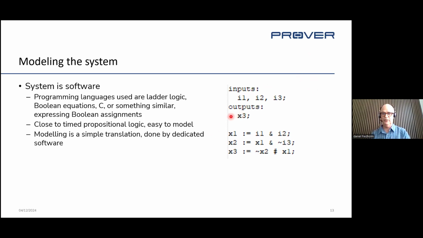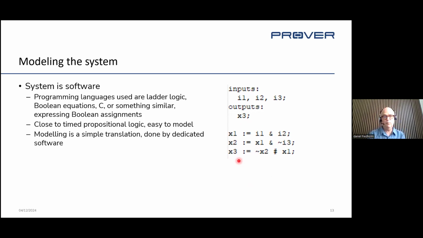And then you have outputs, which is the way for the software to send orders to the physical things surrounding it. This is executed cyclically, normally, by first reading the inputs, then updating the equations or the assignments in the order given, and then ending the cycle by writing the outputs. And then this goes on as long as you have power.